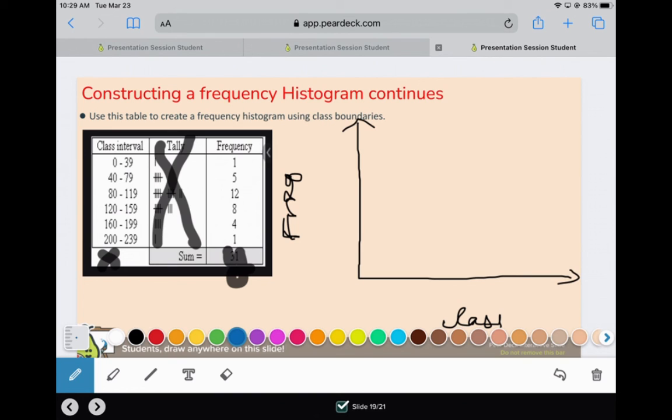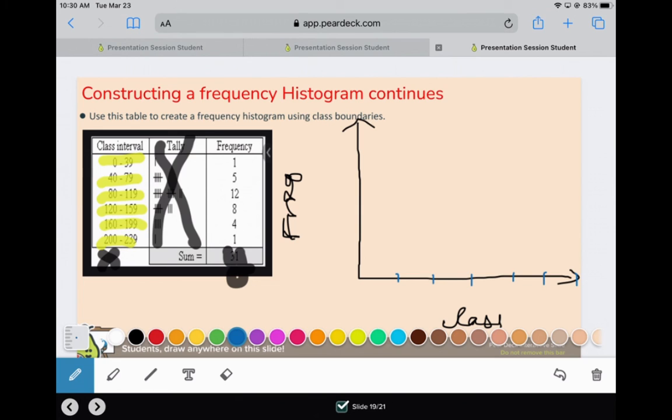Okay. 6, good. We should have 6 classes because if I count, 1, 2, 3, 4, 5, 6.